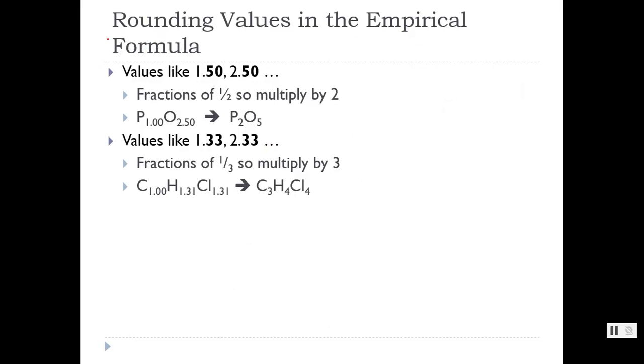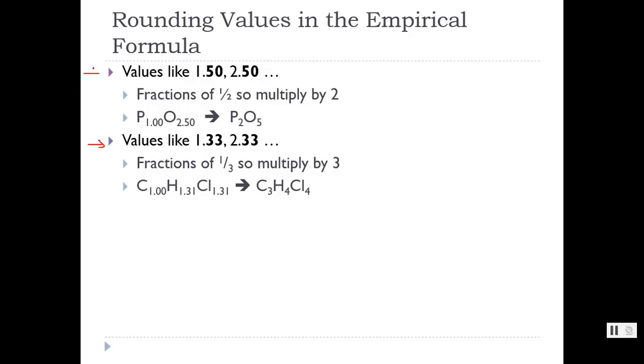And so I said, well, when do you round values in the empirical formula? Like with the previous example, when we had a number that was 0.33. If you get a number like that, you need to multiply by 3 to get the appropriate subscripts.